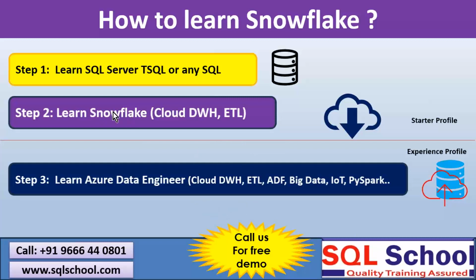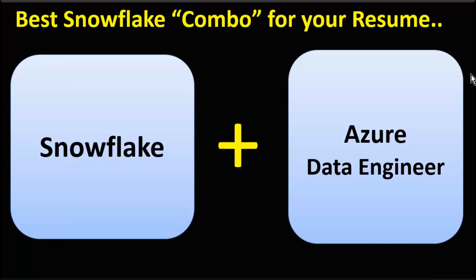It is comparatively cheaper and easy to use, but at the same time, Snowflake does require additional hands for bringing the data in, pushing the data. There come Azure and AWS. So Snowflake plus engineering is always a better upskill option.